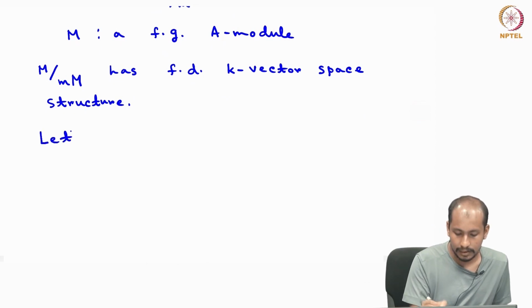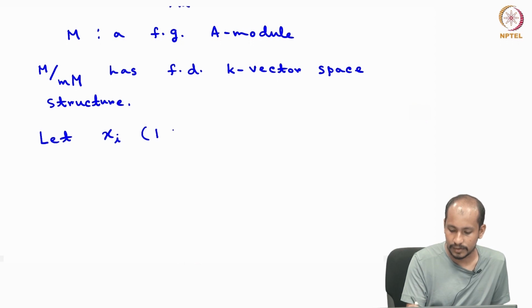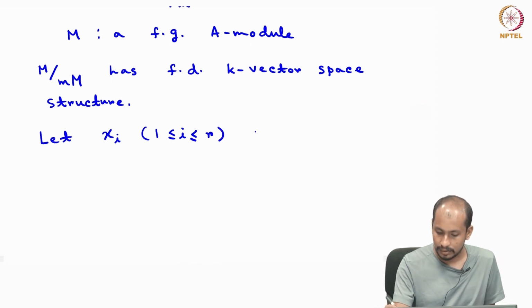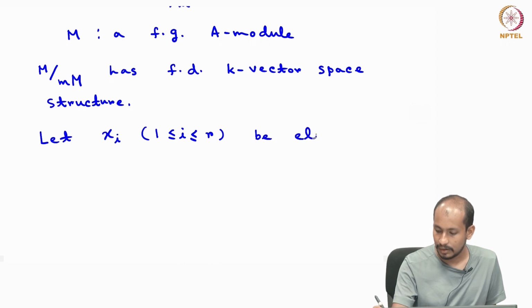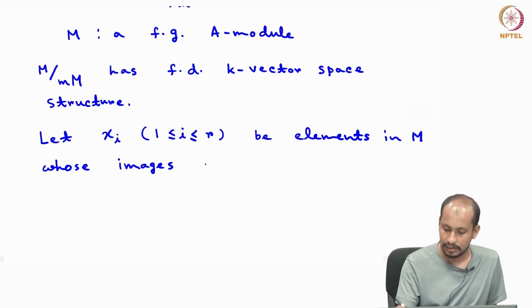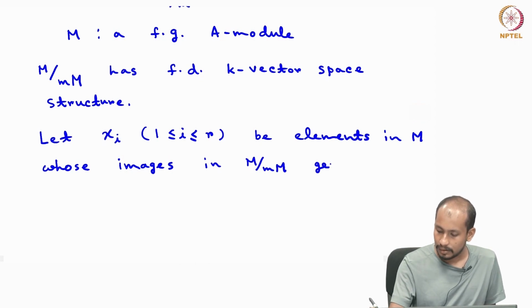Let x_i, where i runs from 1 to r, be elements in M whose images in M mod mM form a basis of the vector space.